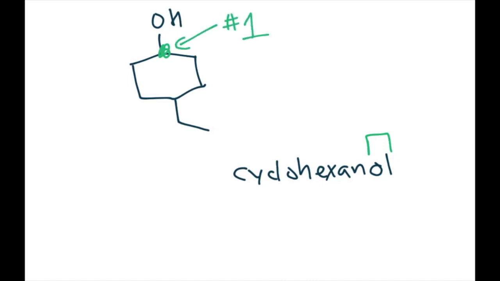So now all my numbering is going to be done off of the fact that I set the carbon with the alcohol as number 1. So this will be 4-ethylcyclohexanol.